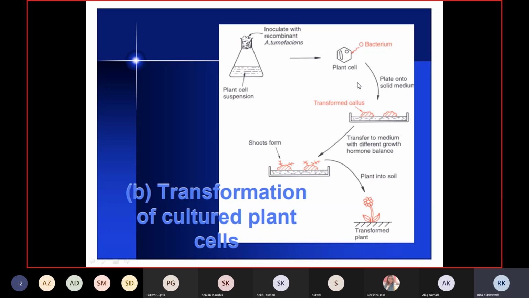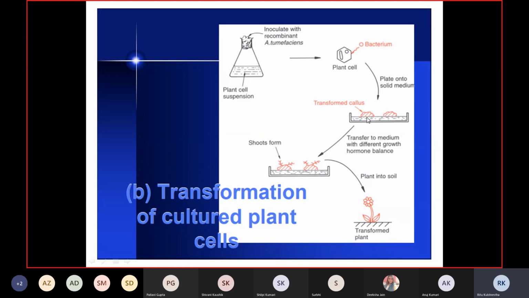So once it's inside the plant cell, I place these plant cells on a solid plate, solid media, and I give them a high amount of cytokinin from outside. It means this media is enriched in cytokinin. Once it's enriched in cytokinin, what will happen?